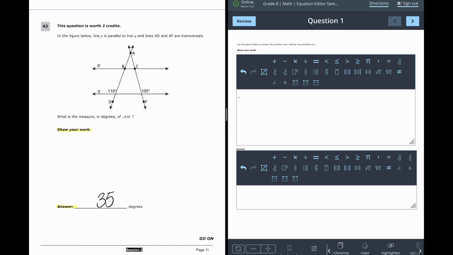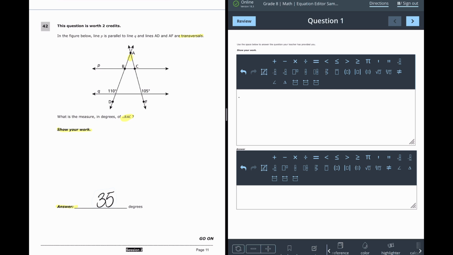Now let's figure out what's happening in this problem. We have a set of parallel lines, P and Q, and they're cut by 2 transversals. So these 2 parallel lines are cut by this line, and they're also cut by this line. And our goal is to figure out what is angle BAC, which I could already see is part of a triangle.